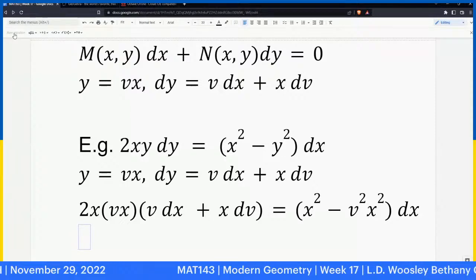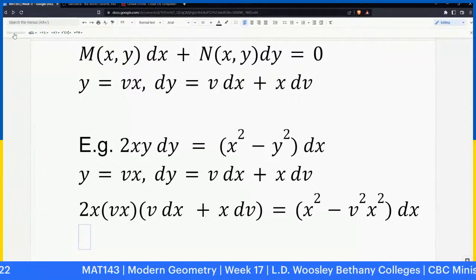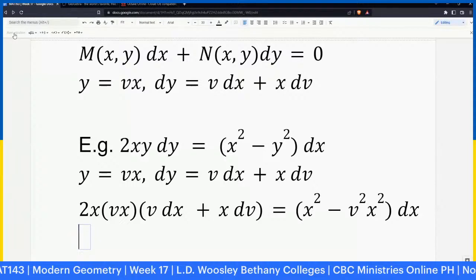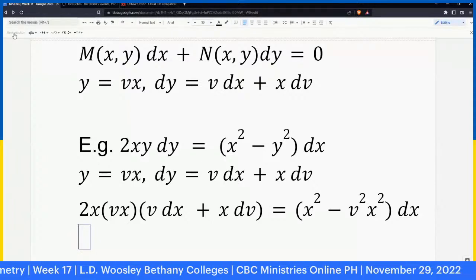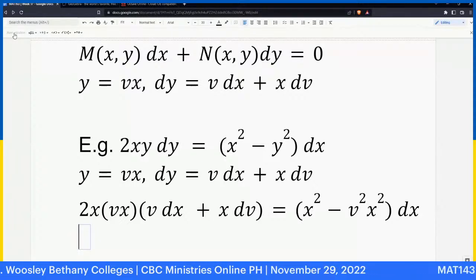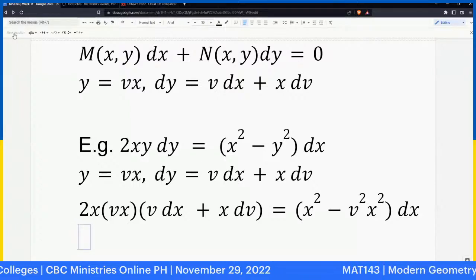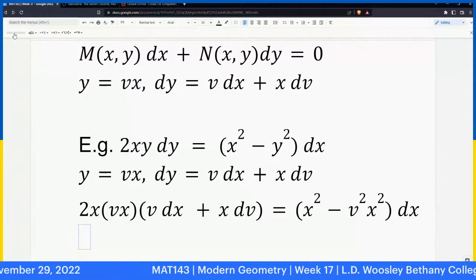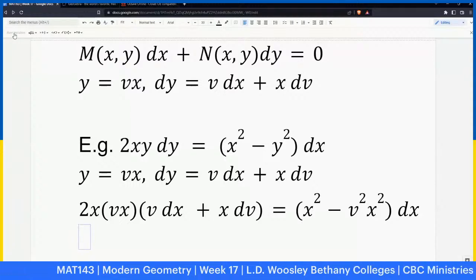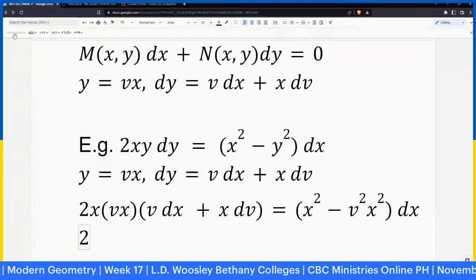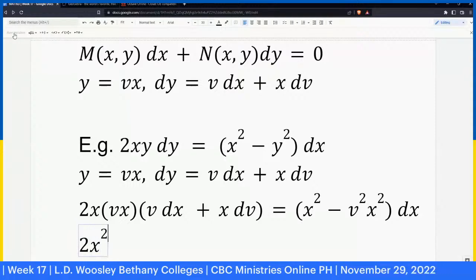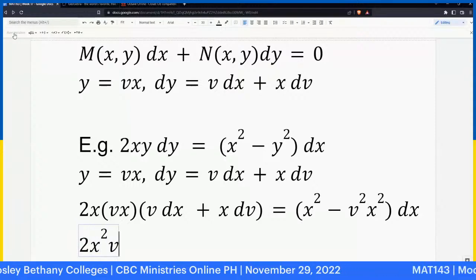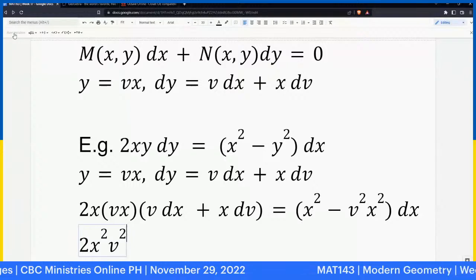Can you simplify the left side, Micaela? Just dictate to me the answer. Bx squared, b squared, right?